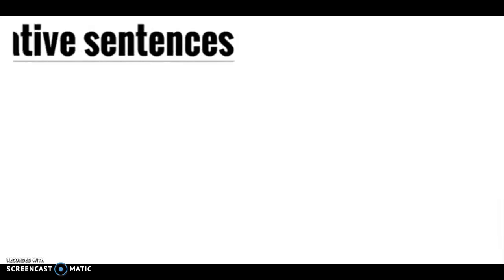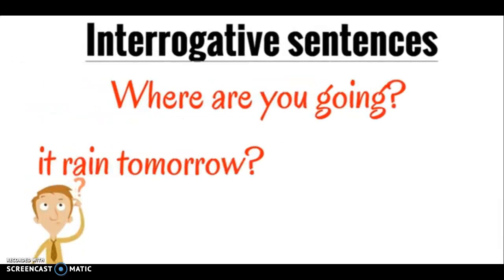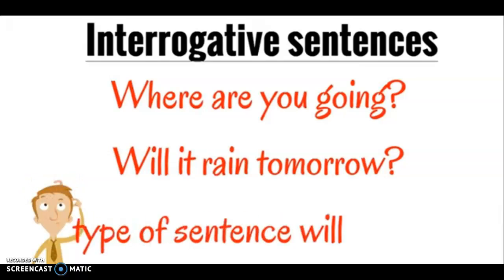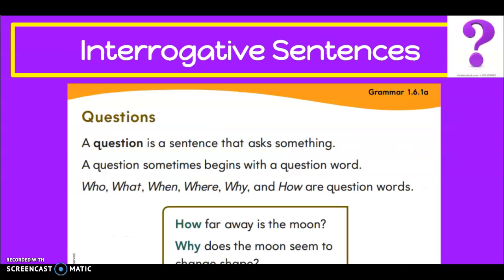Here are some interrogative sentences. Where are you going? Will it rain tomorrow? What type of sentence will we learn next? These are all interrogative sentences. So, a question is a sentence that asks something. A question sometimes begins with a question word. Some question words are who, what, when, where, why, and how.